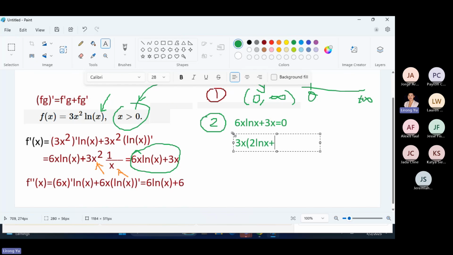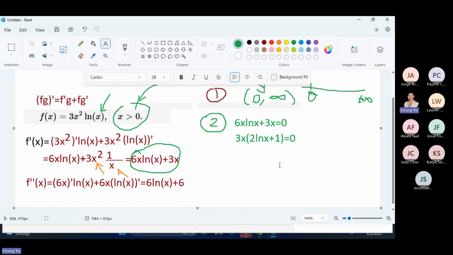In the second term, take out 3x. We have nothing left. But as a factor, even if you have nothing left, you still have the number 1, because 3x times 1 equals 3x, right? We cannot write 0, because 3x times 0 would be 0. We don't want that. 3x times 1 is 3x, right? So that is a proper factoring process.